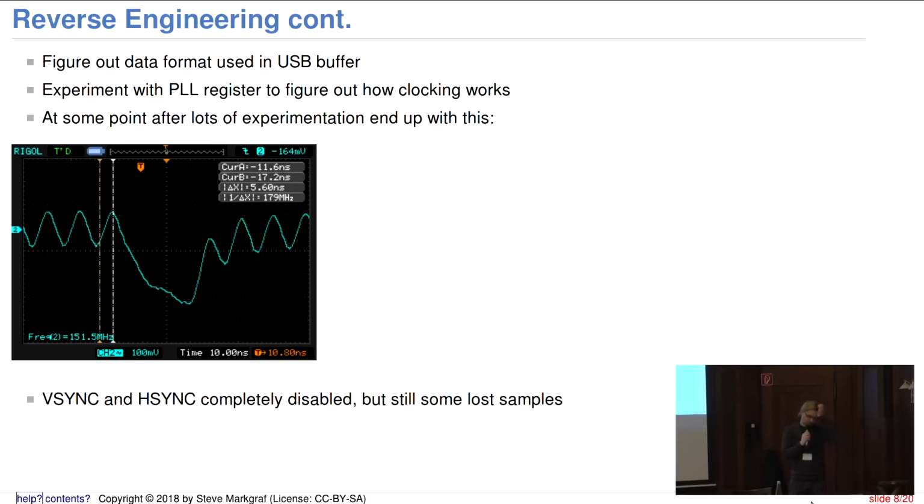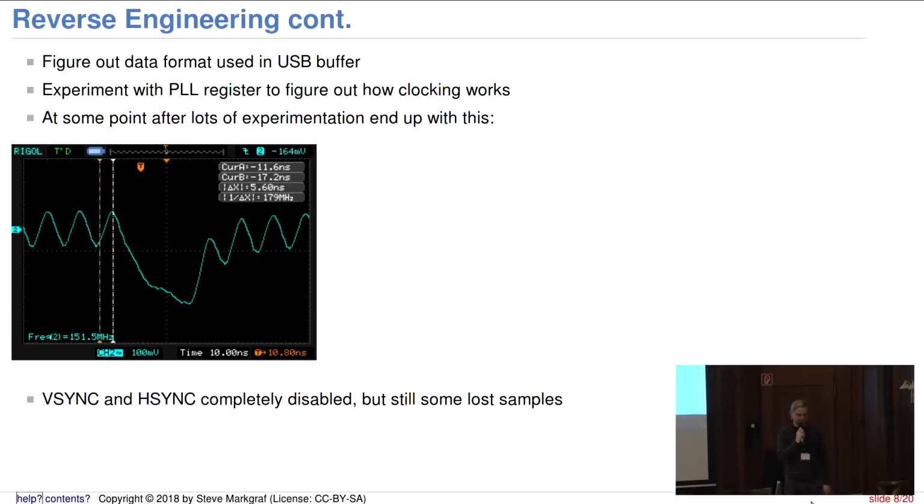And what took quite long is to figure out what the PLL registers in this device do, because the Windows driver just has a large lookup table for all resolutions and refresh rates, and then just chooses whatever is set.